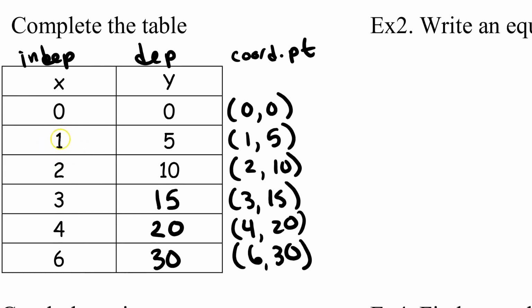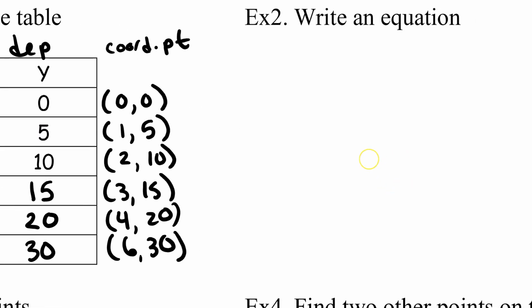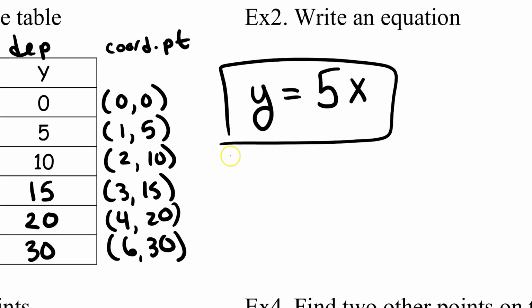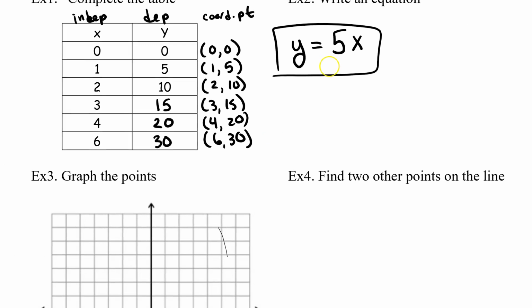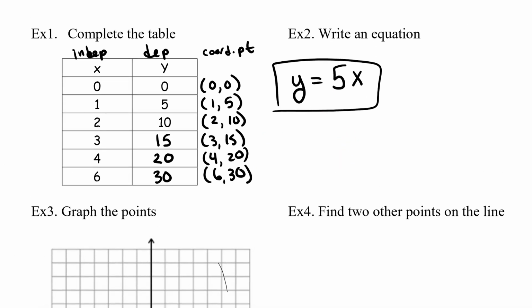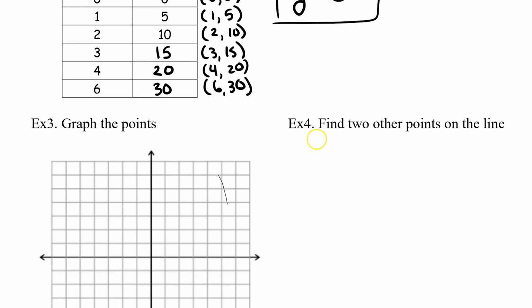You take the independent and you multiply it by 5 to get the dependent. So if we were wanting to find what our y point is, we would take our x point and we'd multiply it by 5. This right here is just our equation. So at this stage in the game, if you can't do this, don't worry about it. We'll get a little bit more practice later.